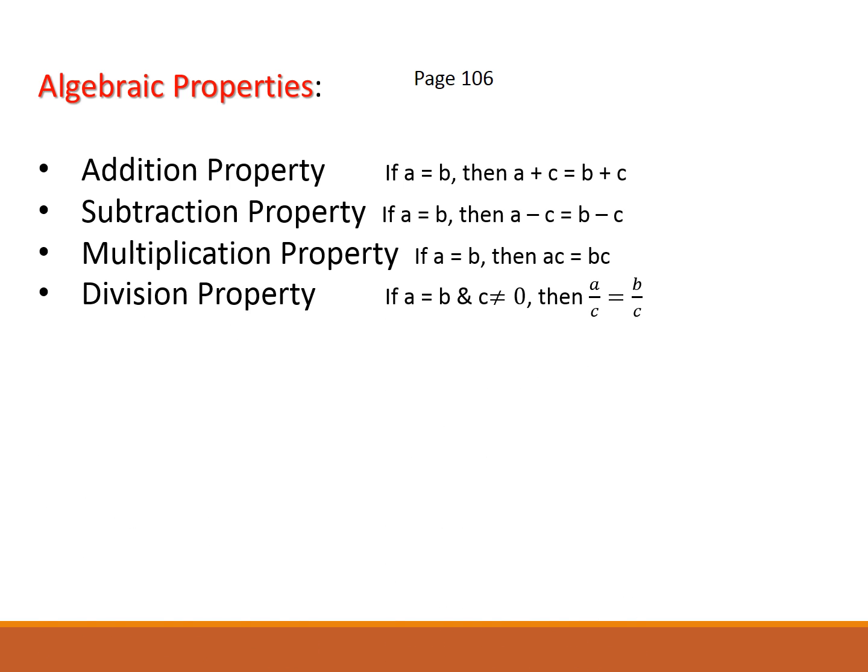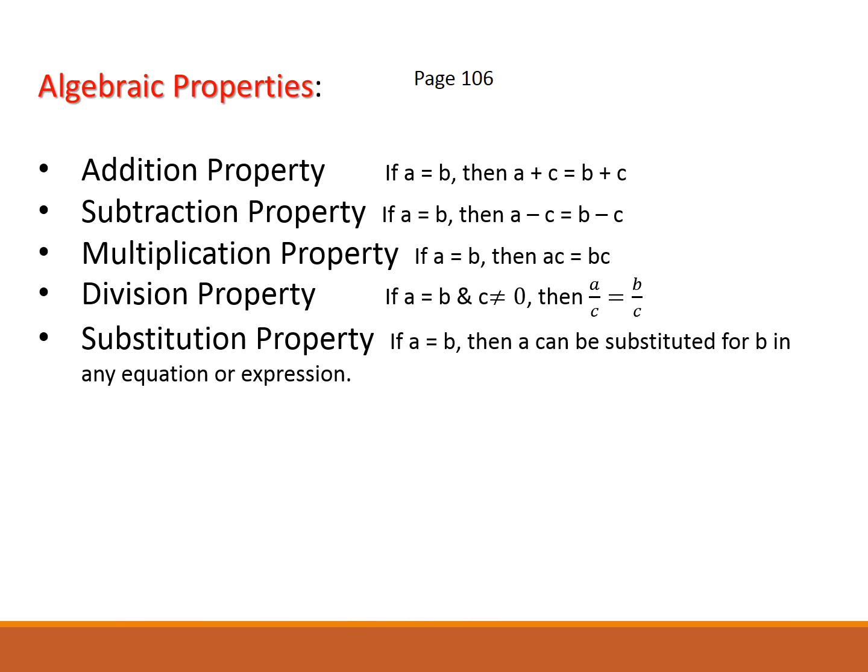And division property. There is one more, that's the distribution property. We don't use that as often, but we also use substitution property, which that one you use when we substitute something in for something else, when we were solving. There's your distribution property.